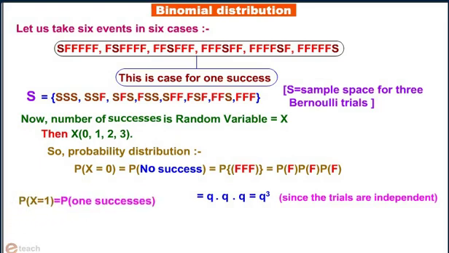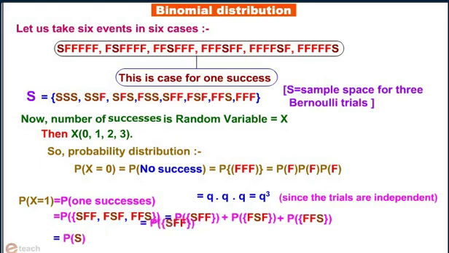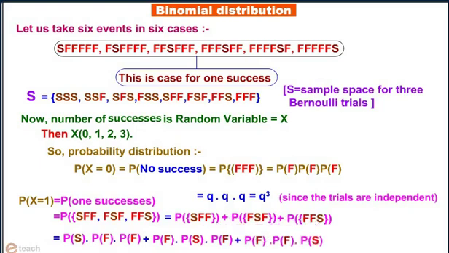Then the probability of X equals 1, that is the probability of one success, equals the probability of SFF, FSF, FFS, which is equal to the summation of the probabilities of all the 3 cases.